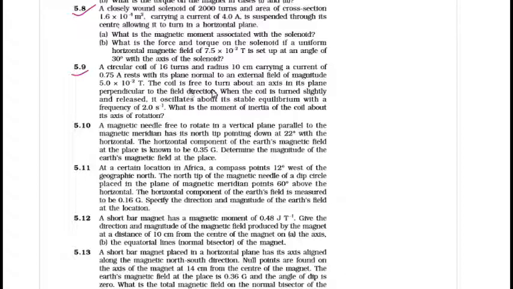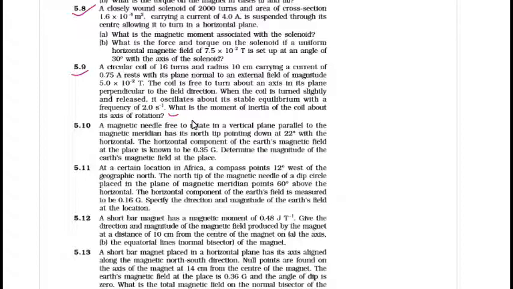The coil is free to turn about an axis in its plane perpendicular to the field direction. When the coil is turned slightly and released, it oscillates about its stable equilibrium with the frequency of 2 per second. What is the moment of inertia of the coil about its axis of rotation?